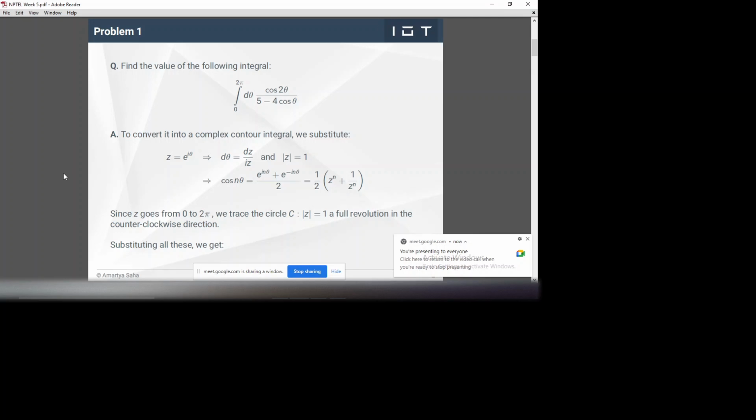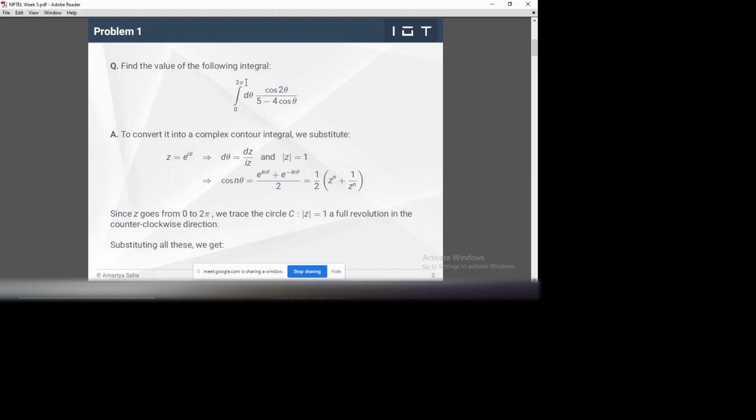So the first one is an integral that involves an integrand with some periodic functions, and the domain of integration, the range of the integration, is finite.